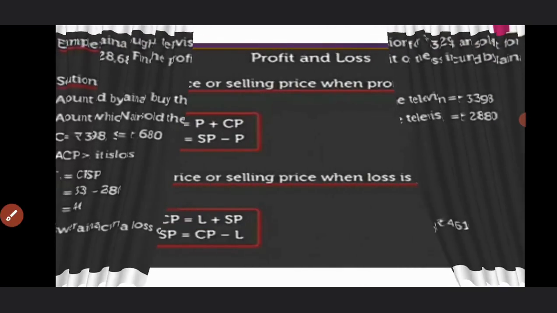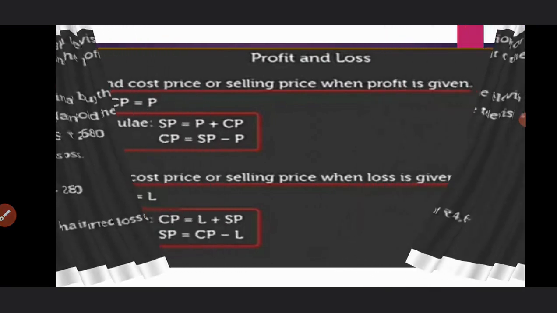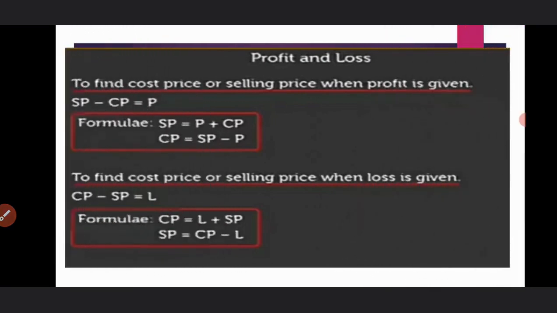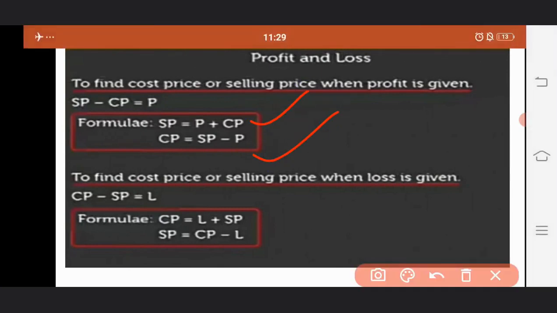So we can have a very clear formula, that if we know the profit, we can easily calculate the cost price and selling price, since profit equals SP minus CP. If we know any two quantities, whether profit or selling price, we can easily calculate the cost price.